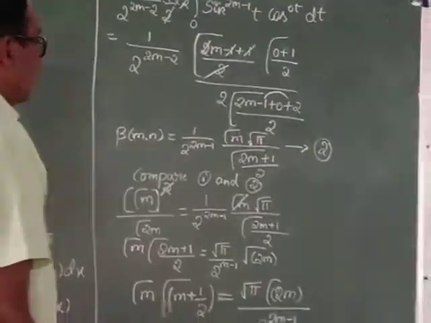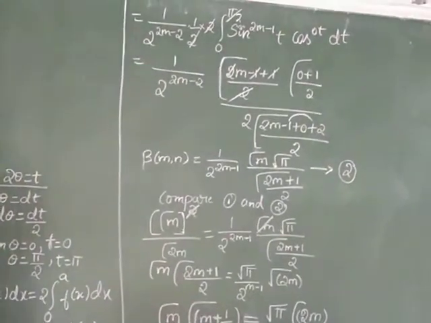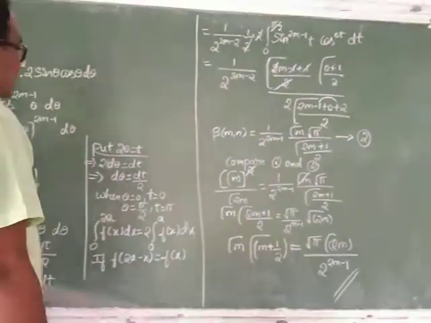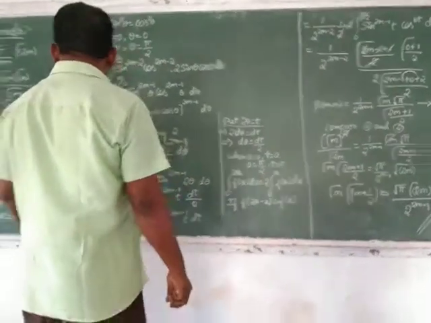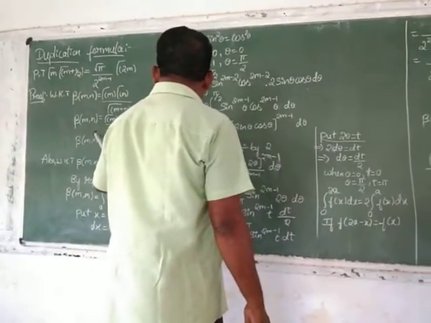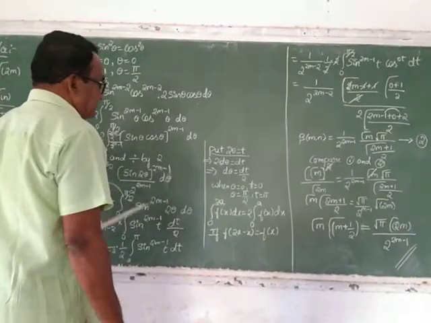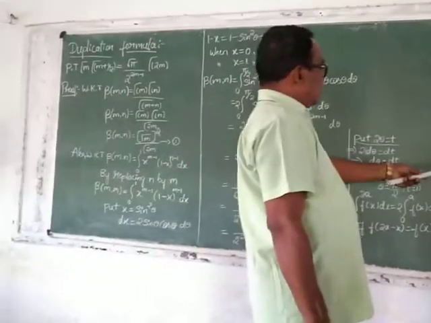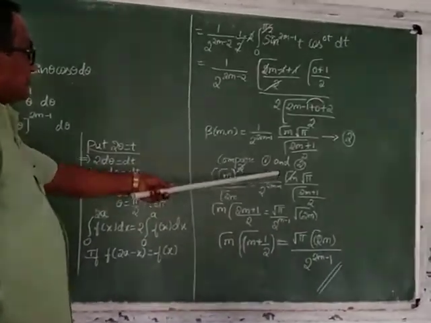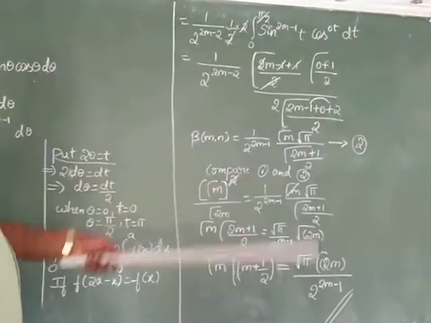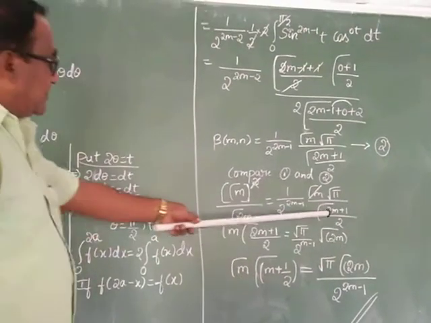Now you call this result number 2. Let us compare this result with result number 1. It is beta m n equal to gamma m whole square divided by gamma 2m, equal to the right hand side, 1 over 2 to the power 2m minus 1 into gamma m into root pi divided by gamma of 2m plus 1 by 2.